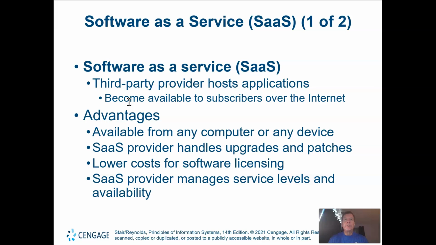Now, software as a service is very exciting today, and it's very common. I use Smartsheet. You can go to smartsheet.com and look it up yourself, but it is a SaaS service. The application is in the cloud. Software as a service is a distribution model where a third party, in this case Smartsheet, hosts the application somewhere else, I think Seattle, and makes it available to me because I subscribe to it over the internet.